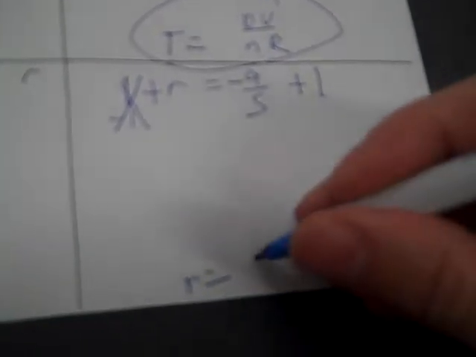I have to get this 1 out of here though by subtracting. Now you're just about there, but your r is negative. So what you do, you make it positive, and then this a over s goes negative, and this 1 goes positive. So I have negative a over s plus 1.